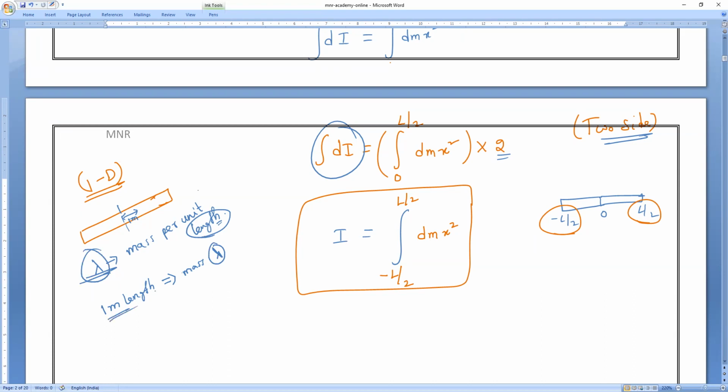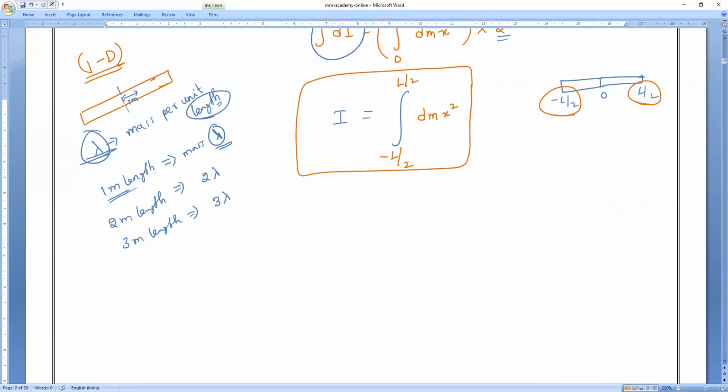So if I take 1 meter length, then what is the mass? Lambda. If I take 2 meters length, it will become what? Mass will become 2 lambda. If I take 3 meters length, the mass will become 3 lambda. Understanding? So this is mass.